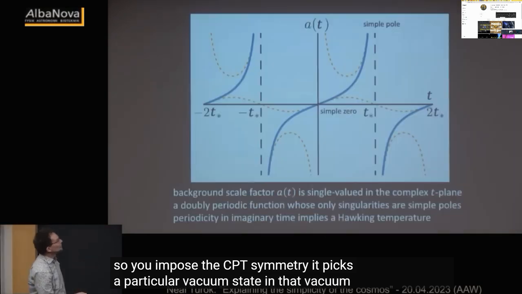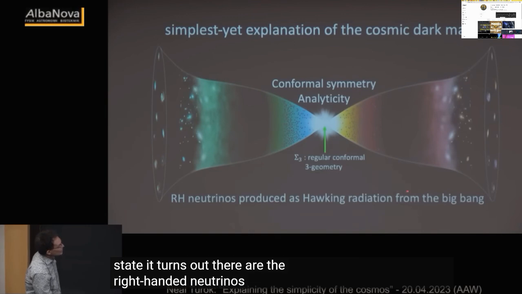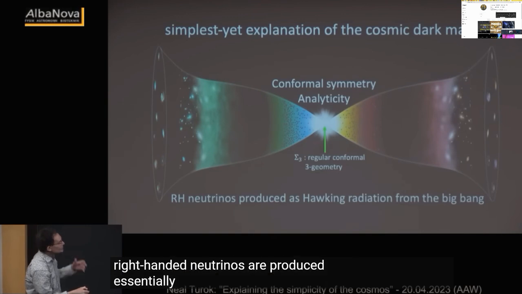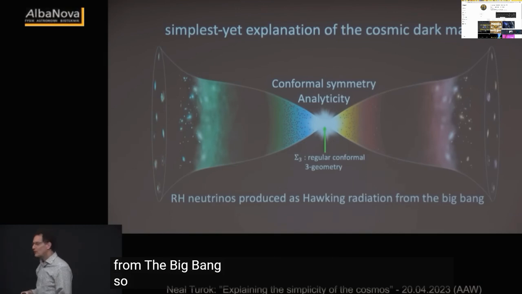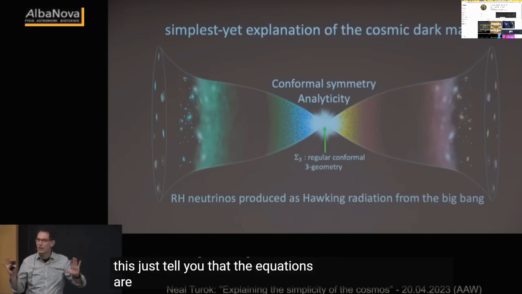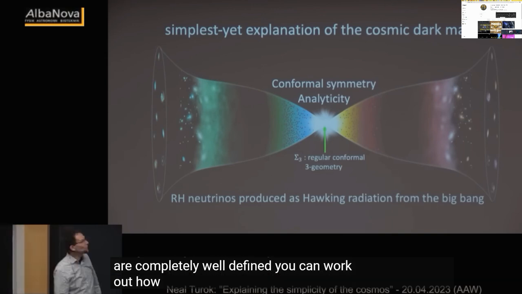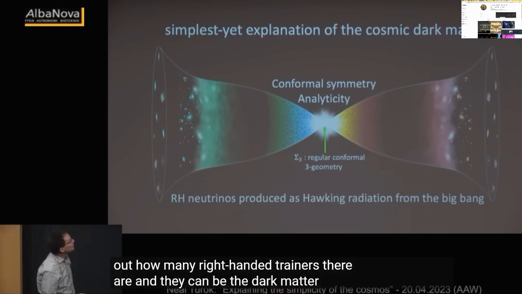In that vacuum state, the right-handed neutrinos are produced essentially as Hawking radiation from the Big Bang. So I won't go through the maths of this, just tell you that the equations are completely well defined. You can work out how many right-handed neutrinos there are, and they can be the dark matter.